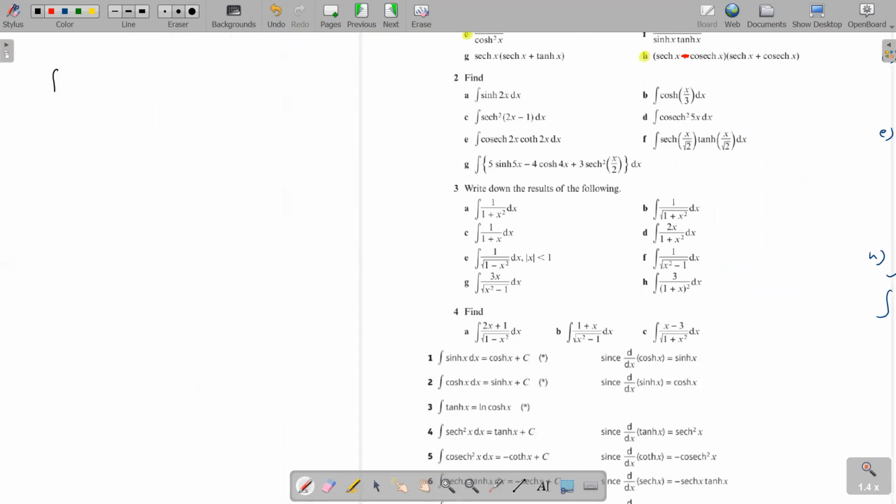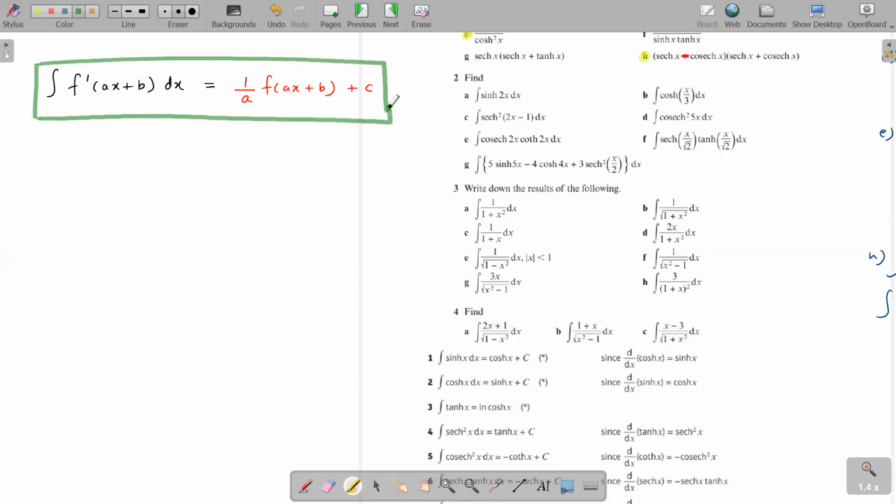If you have to integrate anything in the form of f'(ax plus b), this could be sine ax plus b, cos ax plus b, tan ax plus b, whatever it is, when you integrate it becomes 1 over a f of ax plus b, and don't forget the plus c. All you need to do is use this particular rule and follow these rules along with this.